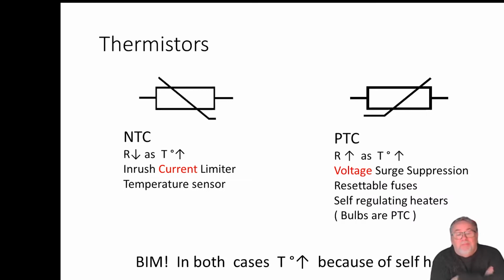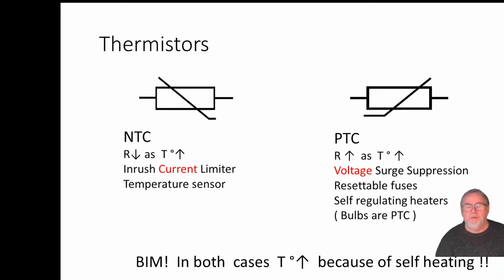The positive temperature coefficient resistor I just mentioned is one of 2 flavors of thermistors. You've maybe noticed this little symbol on circuit diagrams, and people always think that thermistors are for measuring temperature. They think, well, that's what these things are for. You put them in a circuit and they measure temperature.